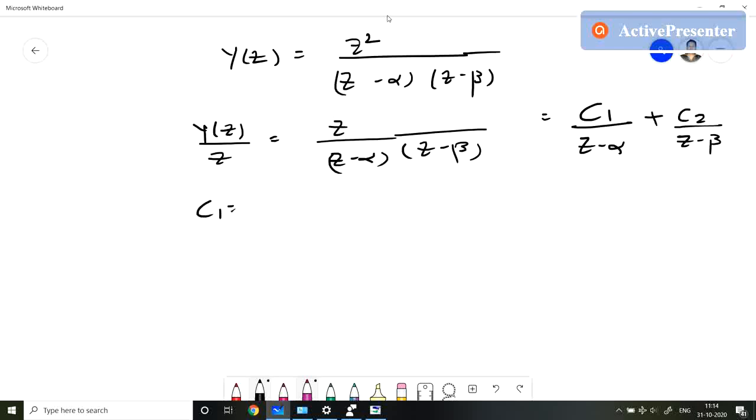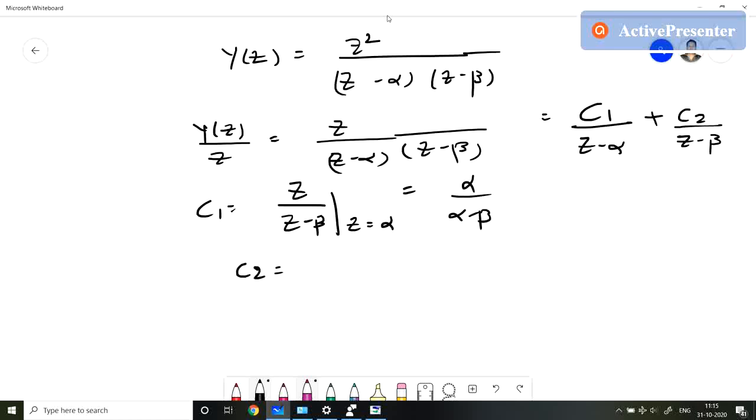So c1 is equal to z divided by z minus beta when z is equal to alpha. Putting z equal to alpha in this term, we get alpha divided by alpha minus beta.